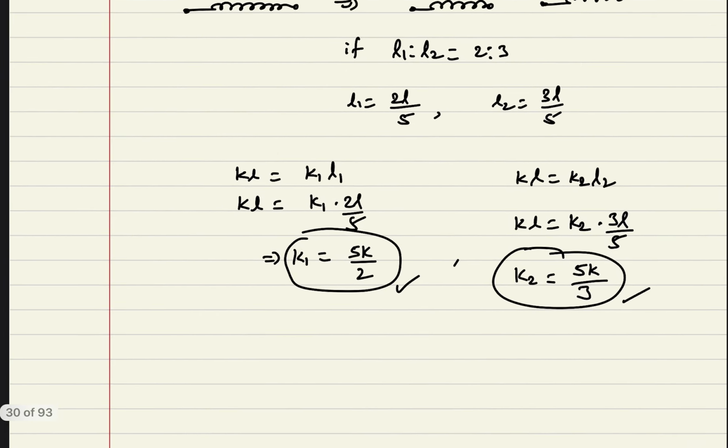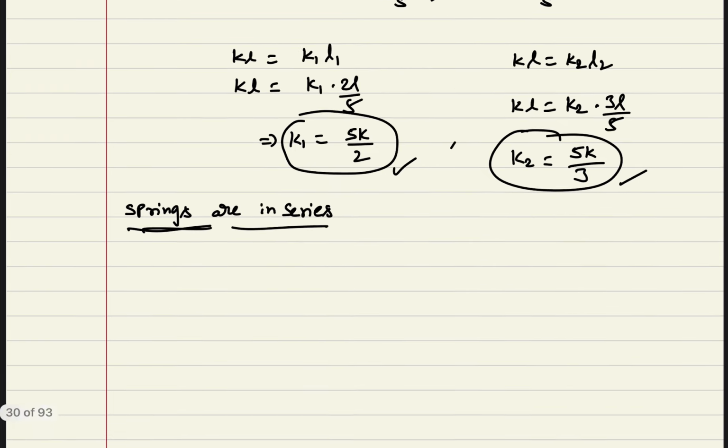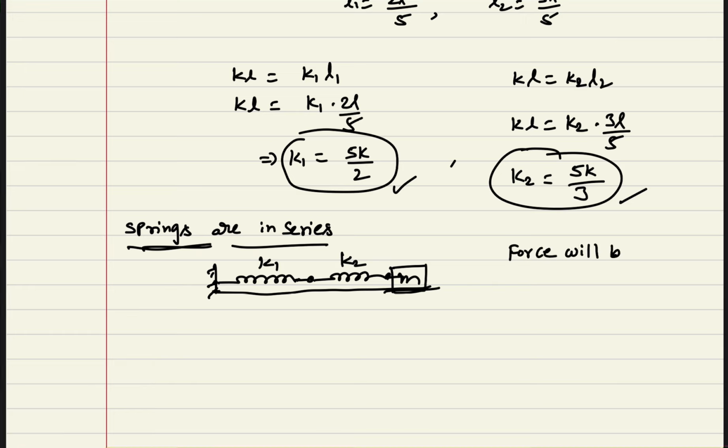Now here I will explain about springs in series and parallel. If springs are connected in series, whenever two springs K1 and K2 are connected in series like this, one end is fixed and the other end is connected to a block of mass M. In this case, the force will be the same.